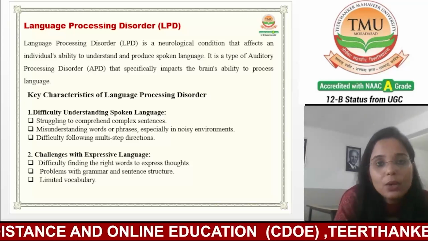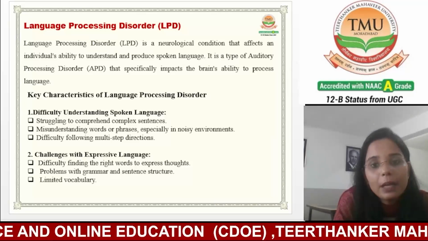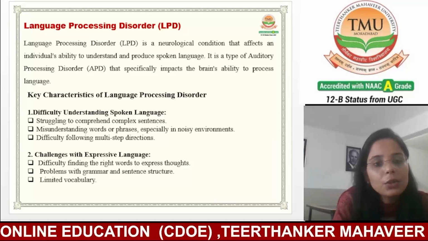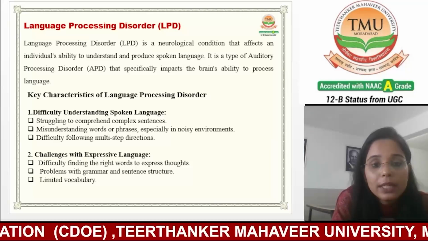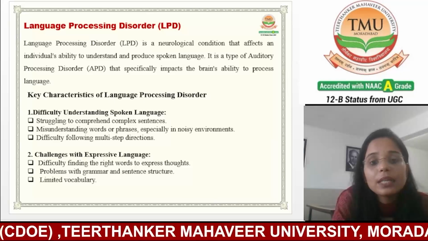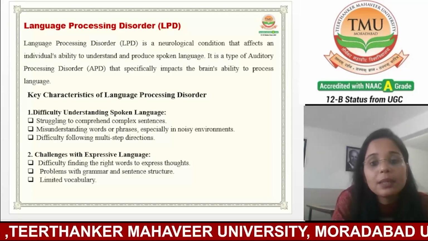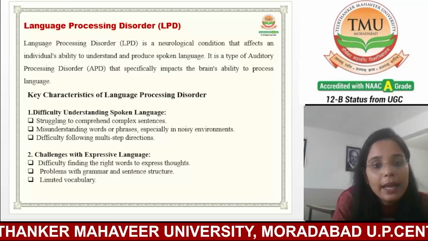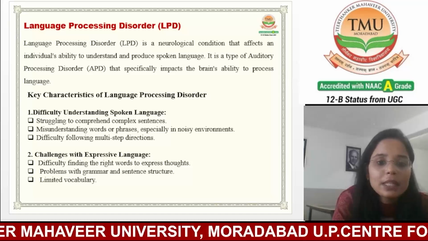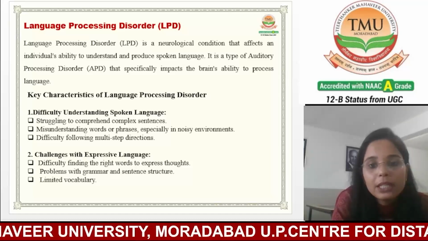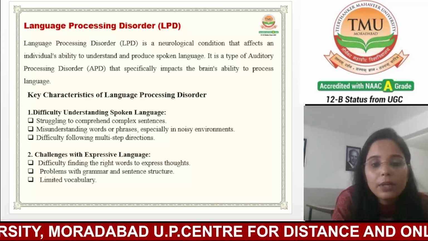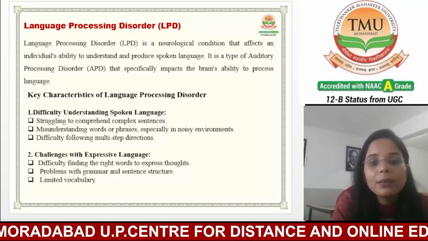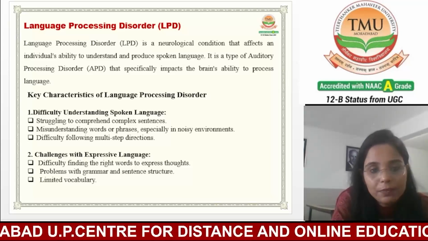The student who is facing the problem of LPD generally struggles to comprehend complex sentences. The second one is misunderstanding words and phrases, especially in a noisy environment. And the third one is difficulty following multi-step directions.